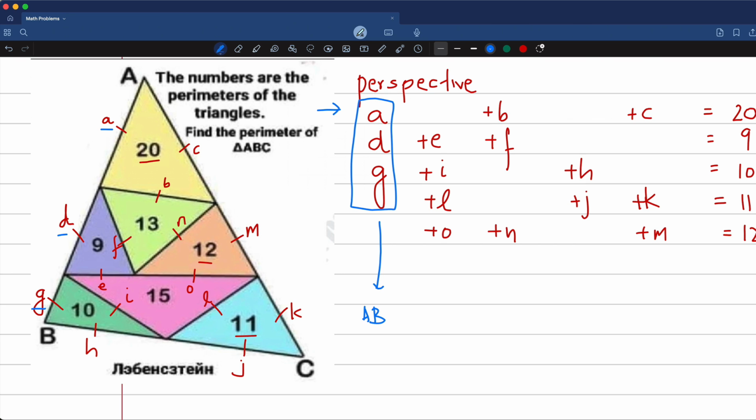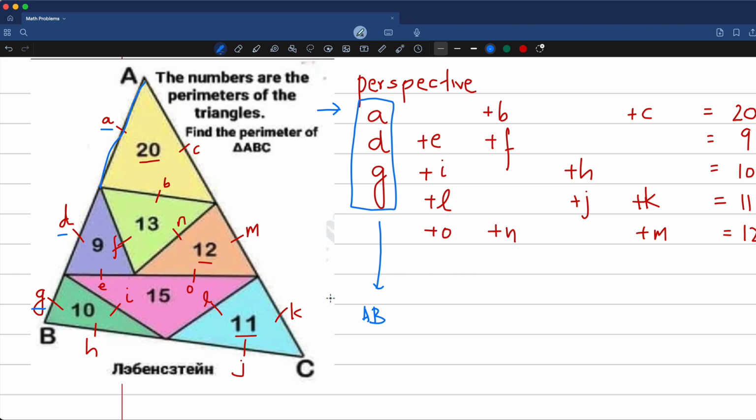That's why A plus B plus C is 20. But A plus D plus G is AB. That's a different thing. So the same part A, the length A, which is starting here all the way till here, this entire length is part of 2 different things. And being able to see that is perspective.